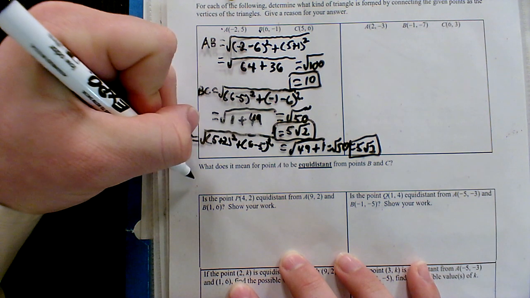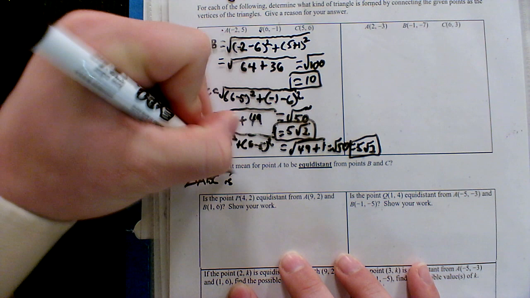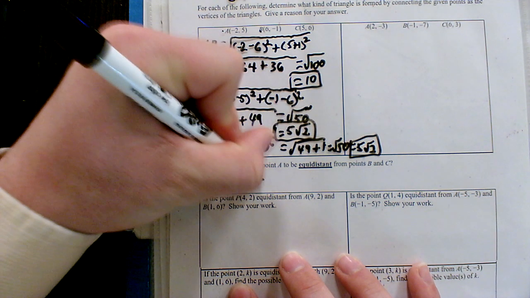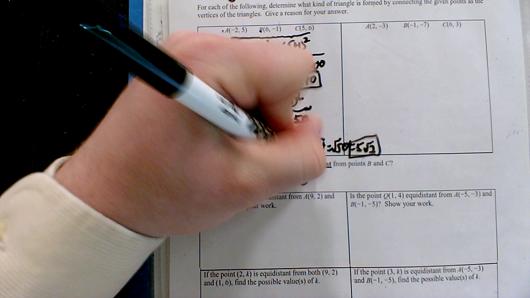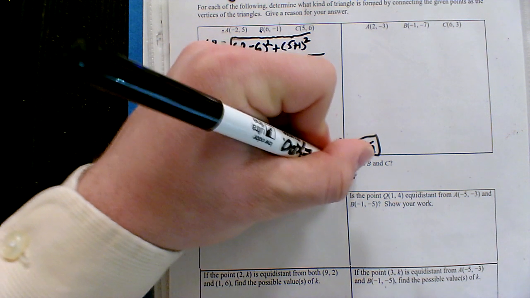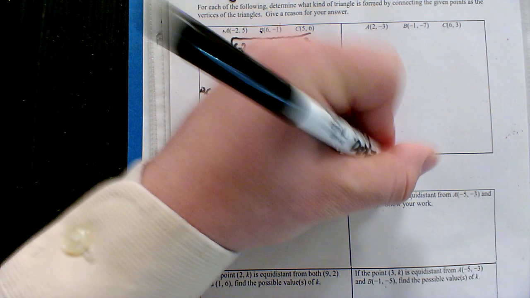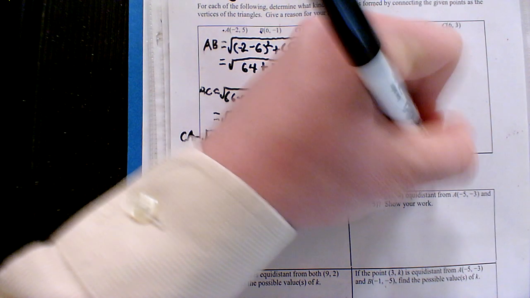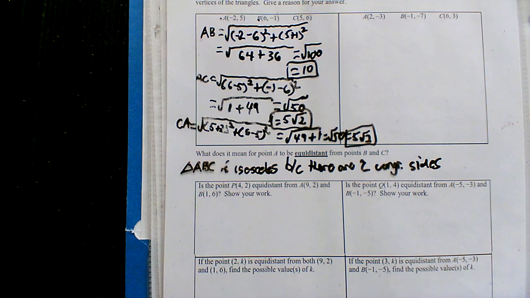Triangle ABC is isosceles because there are 2 congruent sides.